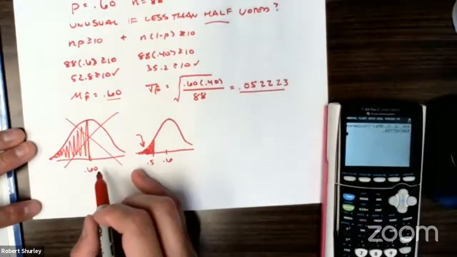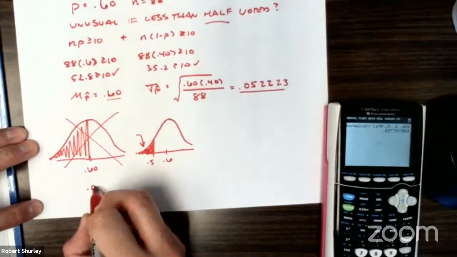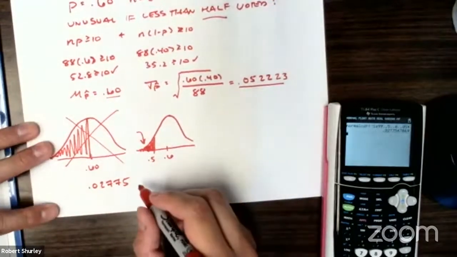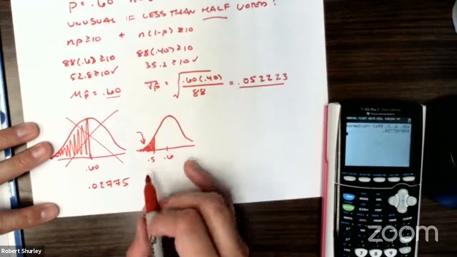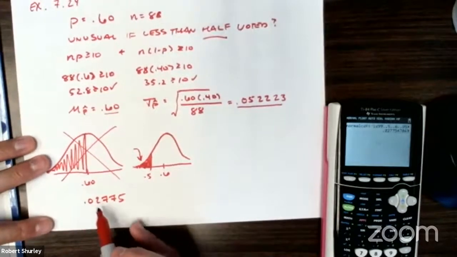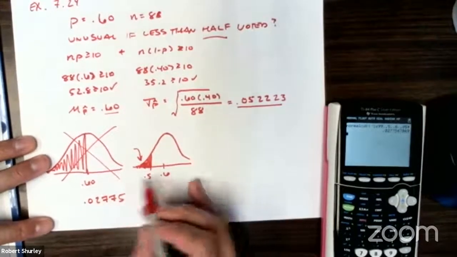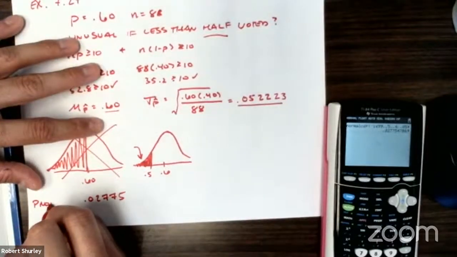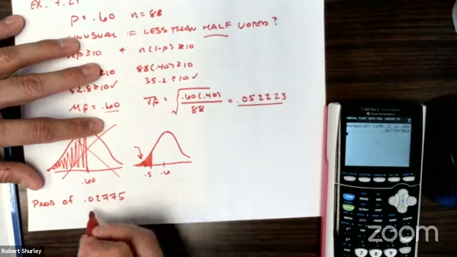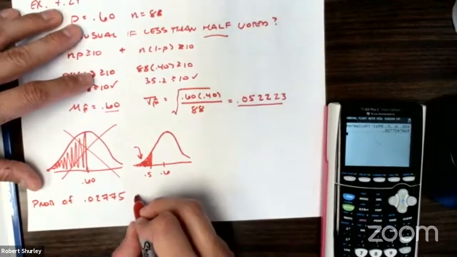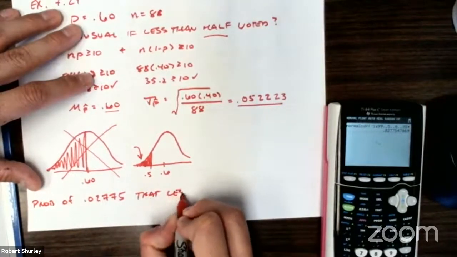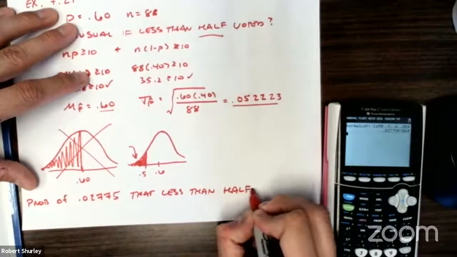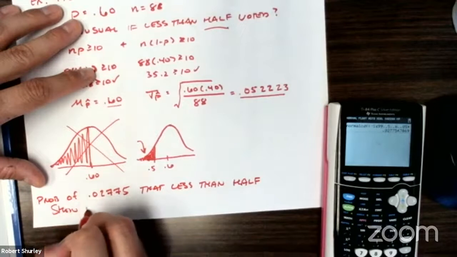And it tells us that 0.02775. So we've got a probability of 0.02775 that less than half show up.